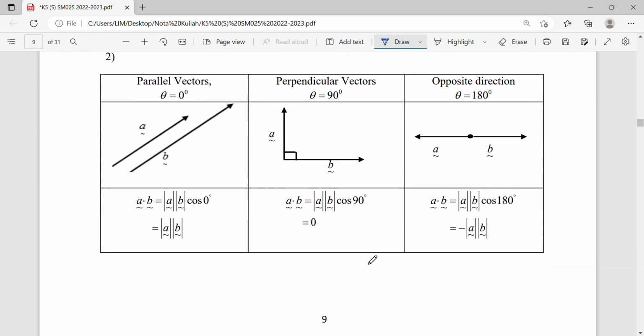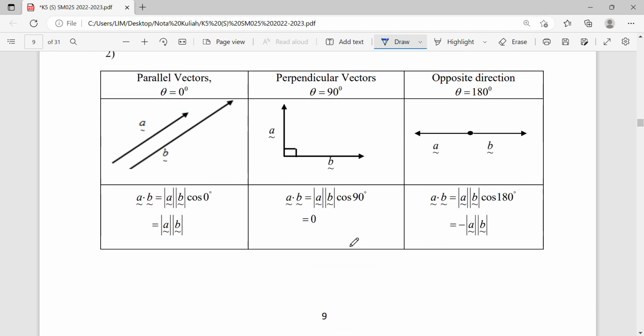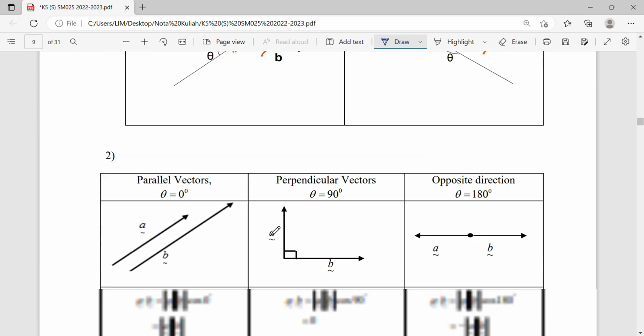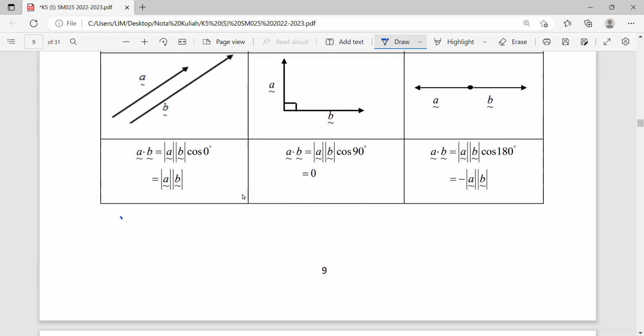Alright, so from here we can draw a conclusion. When I do A dot B, meaning two different vectors, and I get 0, what is the situation for this A and B?